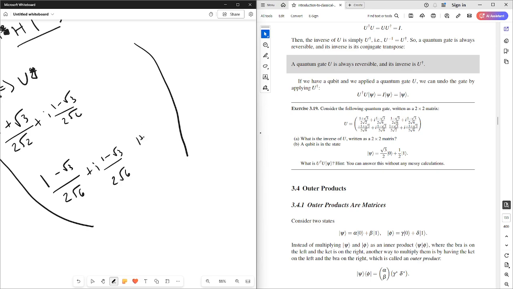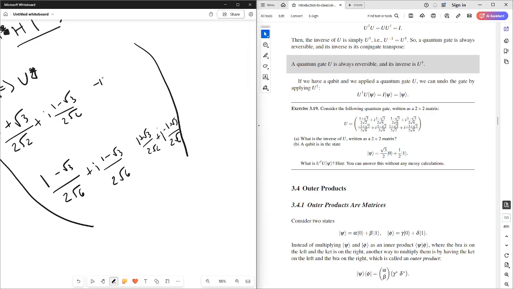I might run out of room. Okay, 1 plus square root of 3 over 2 square roots of 2 plus i times minus 1 plus square root of 3 over 2 square roots of 6. And this guy right here is moving up here.